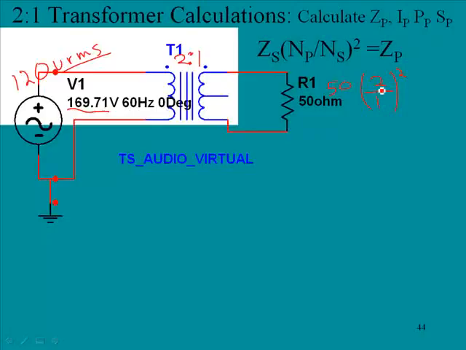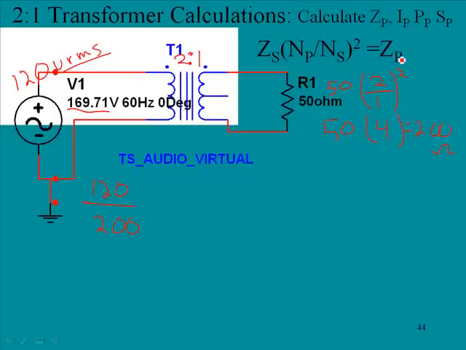So we have 2 squared, which is 4, times 50, that's going to give us 200 ohms in the primary. Now let's do it the quick way this time. We want to know what is the current in the primary, so we could say 120 divided by the 200 ohms that we calculated.